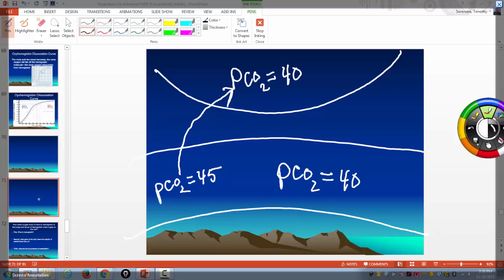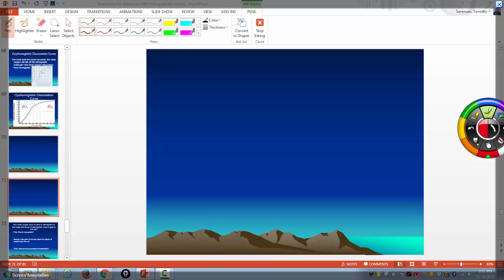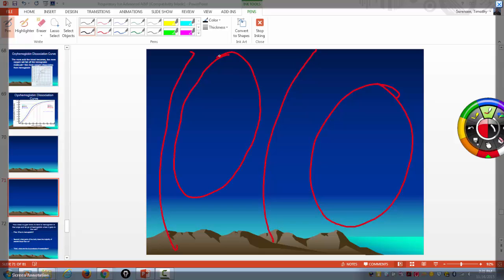Now, let's look at the level of the cell and how carbon dioxide affects hemoglobin saturation. So we got a cell, right? Got the red blood cell. What's in the red blood cell? Hemoglobin. Do you notice how the hemoglobin is getting smaller? Even though we know there's 4, I'm only going to put 1 iron.